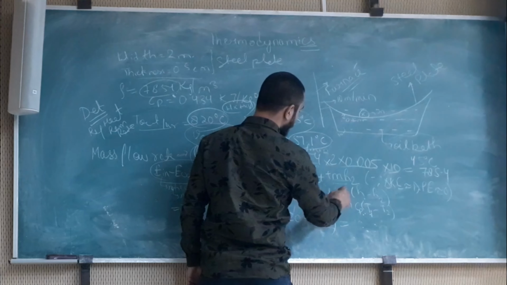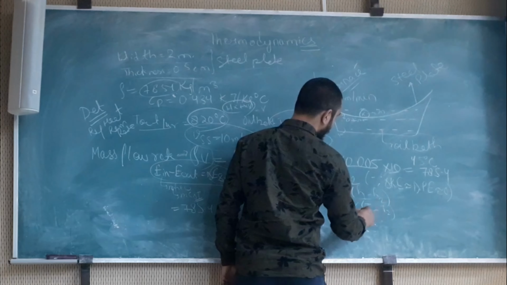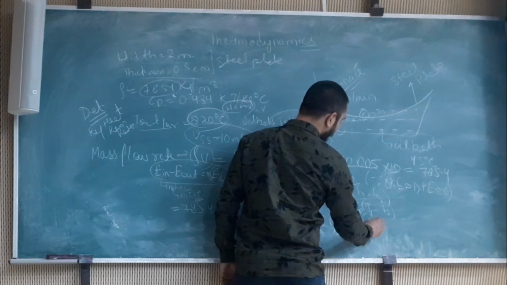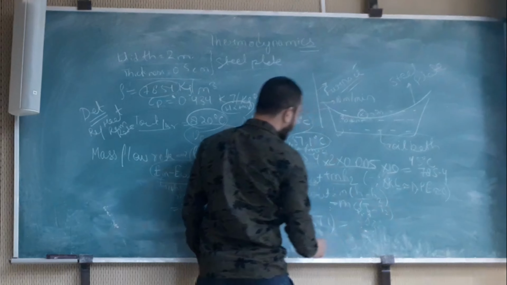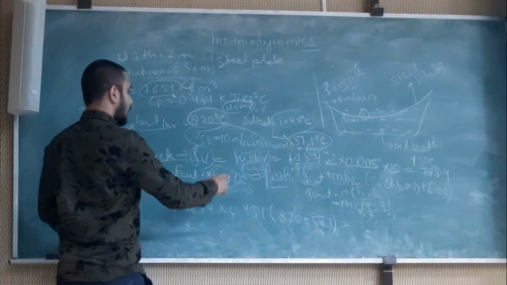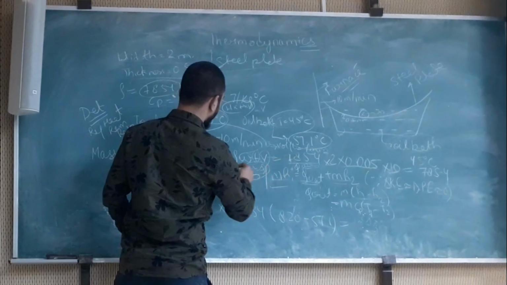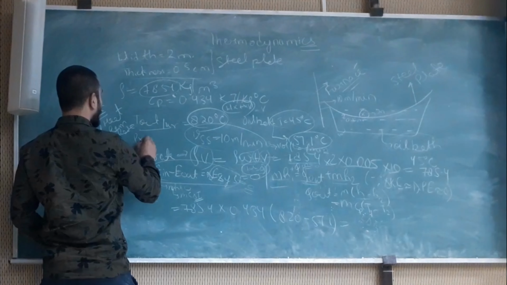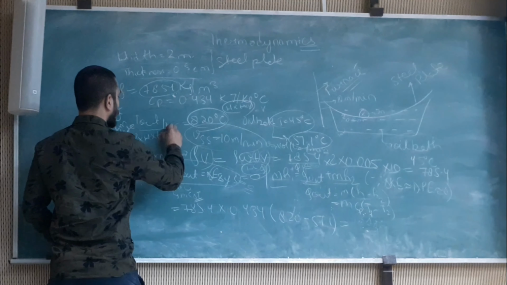So Q out is equal to mH1 minus mH2. H1 minus H2 is equal to C delta T, so m into Cp into T1 minus T2. The mass flow rate we calculated from density into width into thickness into velocity.